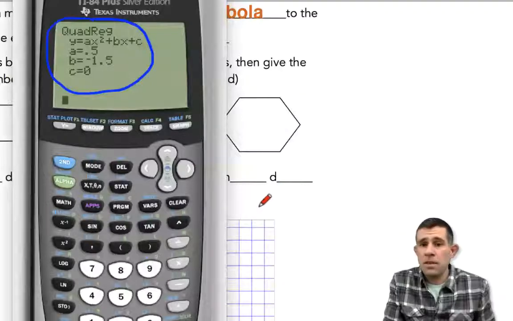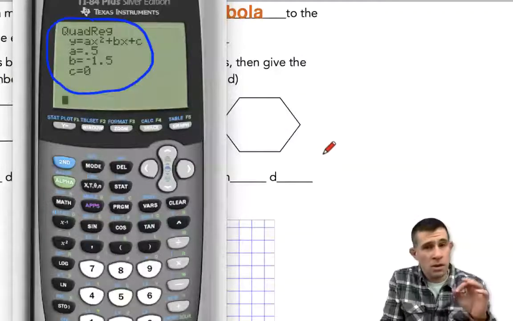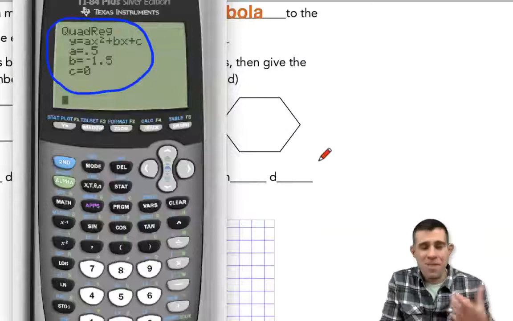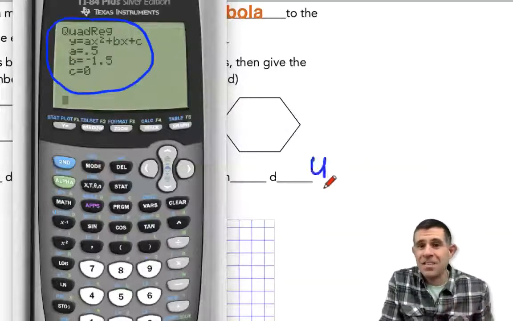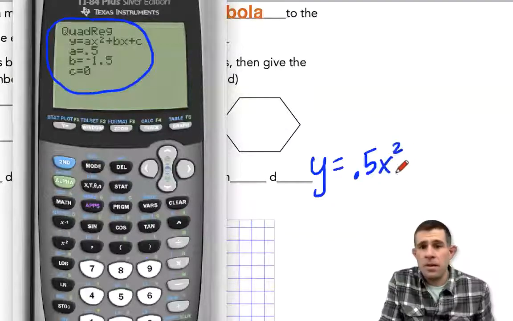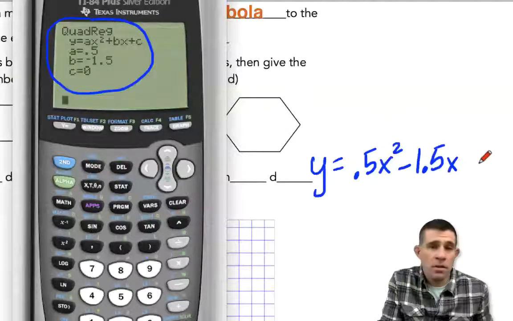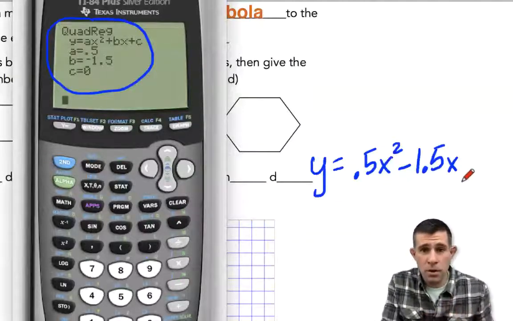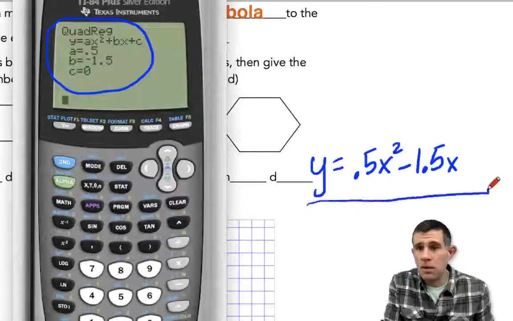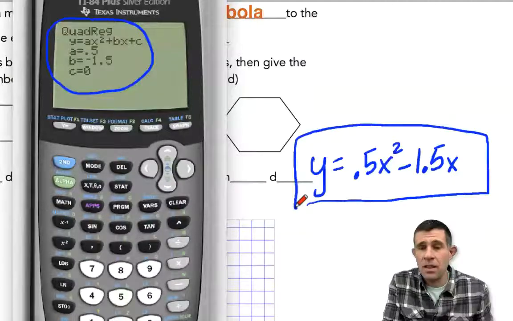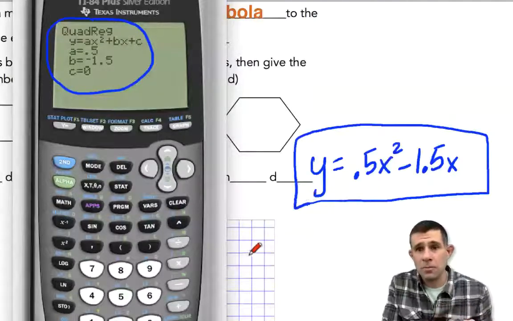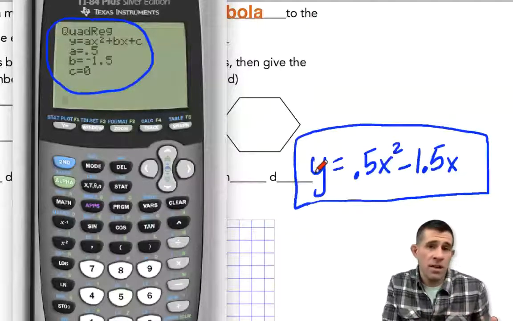So what that means is our quadratic regression that models this data fits into this format here: y equals 0.5 x squared, and then minus 1.5 x plus 0. Now we don't have to include the plus 0, so we'll just keep it right here, and we'll say that this is the data that allows us to model the number of diagonals for an n-sided polygon.